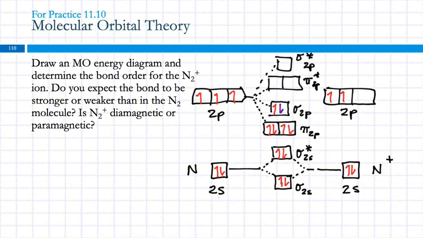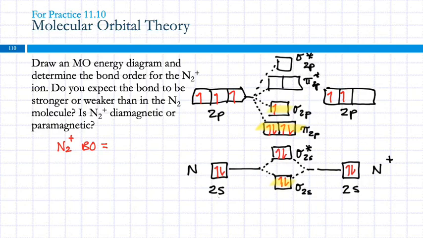Right? We could calculate bond order. So here's our N2 plus. Let's look at the bond order for that. Bond order equals how many in bonding orbitals, I'm sorry. This is bonding, and this is bonding, and this is bonding, right?